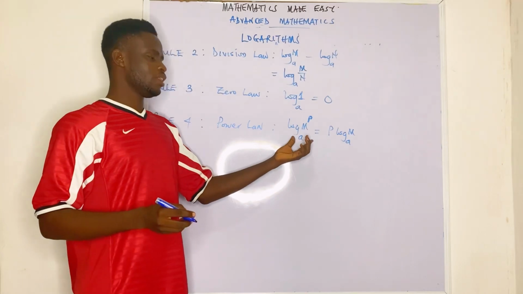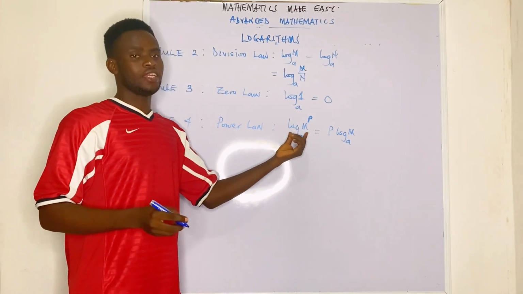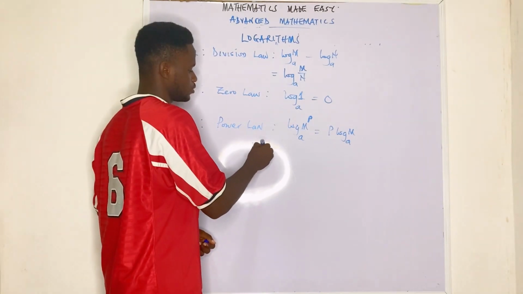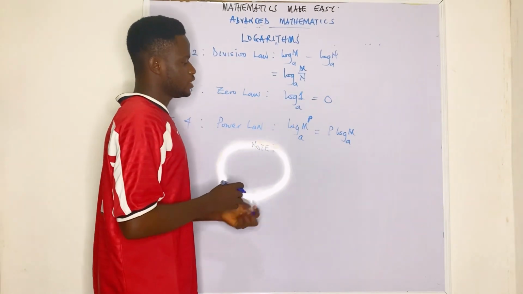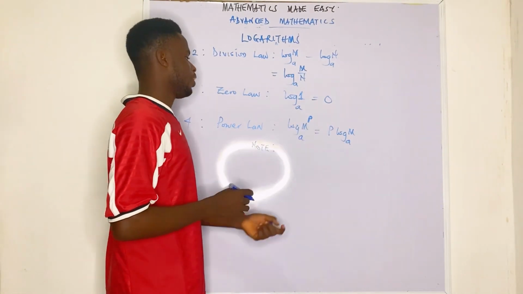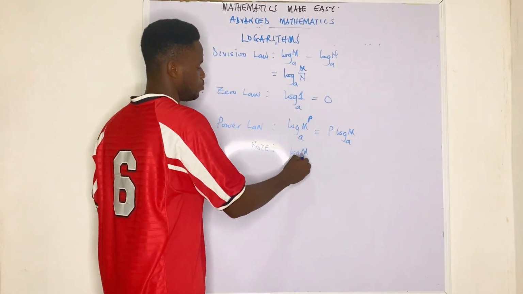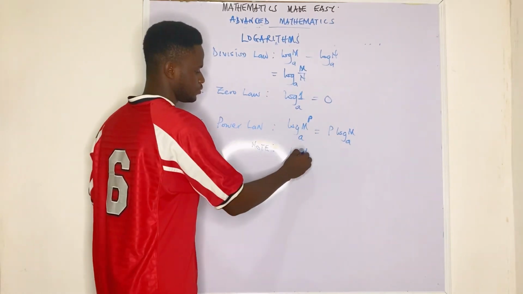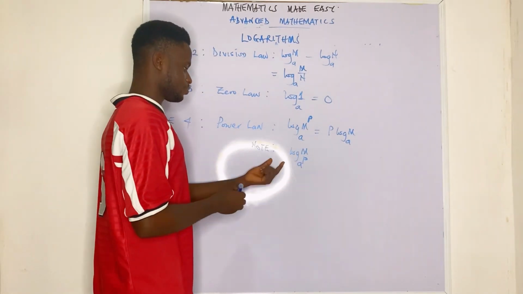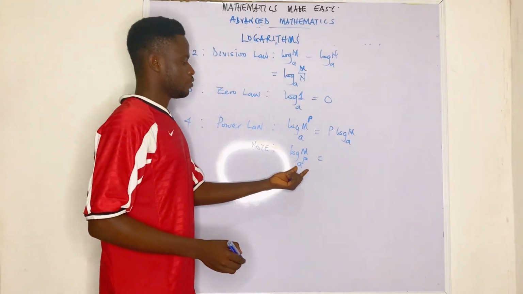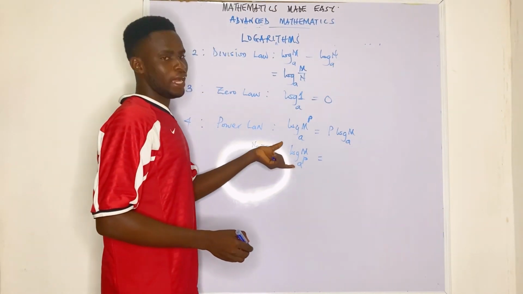So whenever I call something like this, you should know the power will multiply the logarithm of m to base a. Take note, assuming it is the base that is carrying the power, let's say this one is in the form of log m base a raised to power p. In this case, all we want to do is the power of the base, use the inverse to multiply the logarithm.